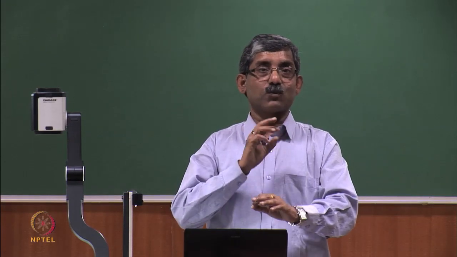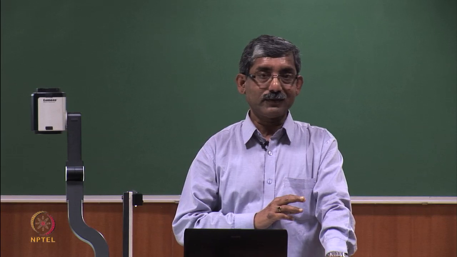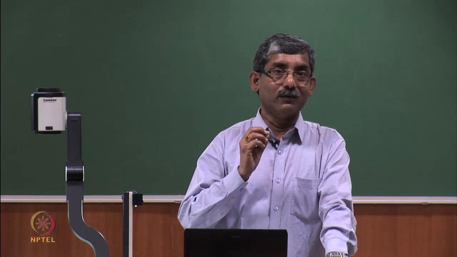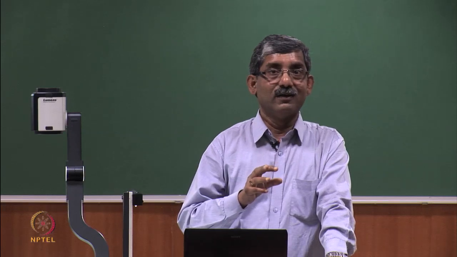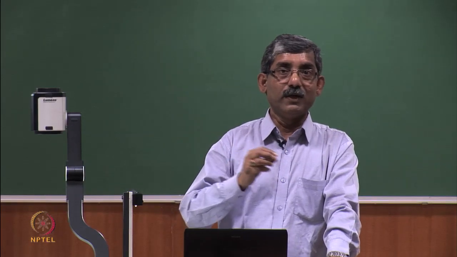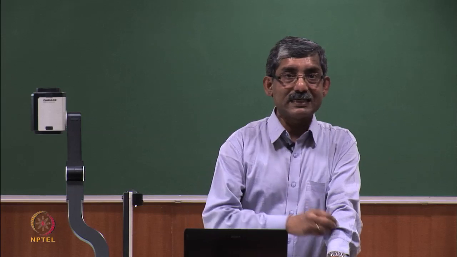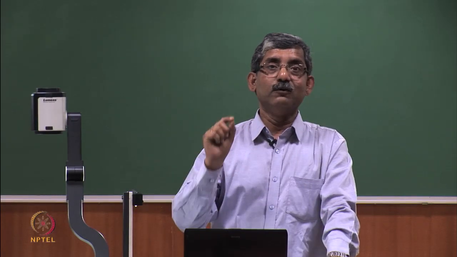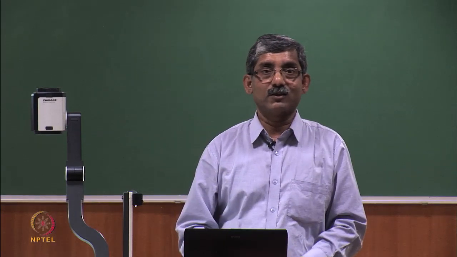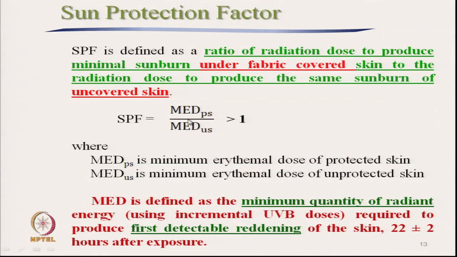The continuous exposure should be there, and the dose value, that is the energy, we will measure when minimum change in color, minimum sunburn will be there. That value is recorded, that is called MED/PS.